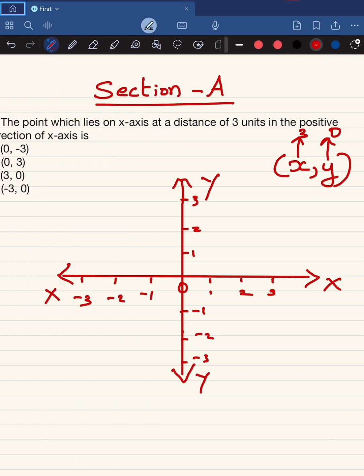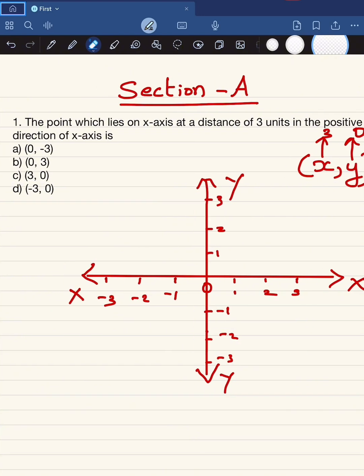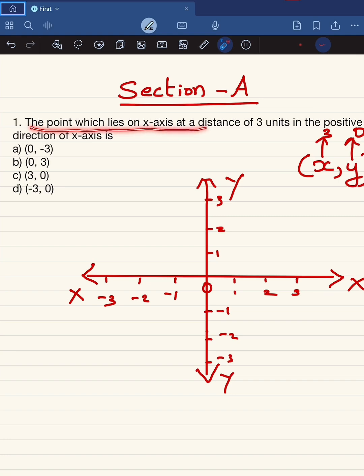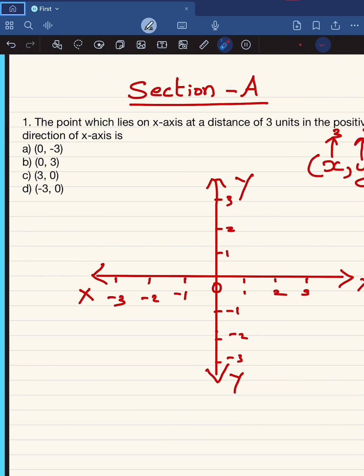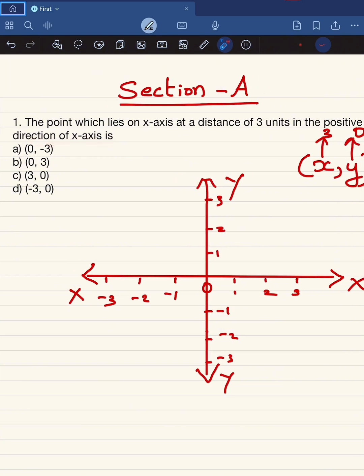The first question is: the point which lies on the x-axis at a distance of 3 units in the positive direction of the x-axis is.